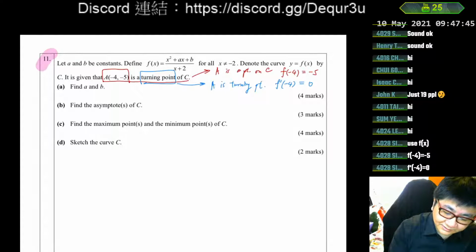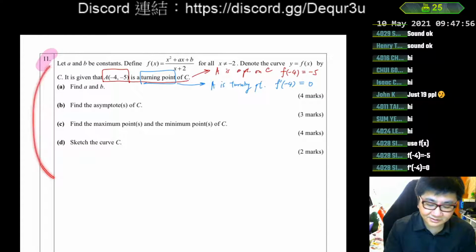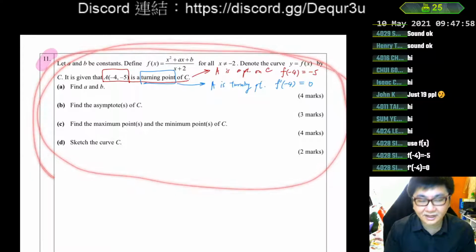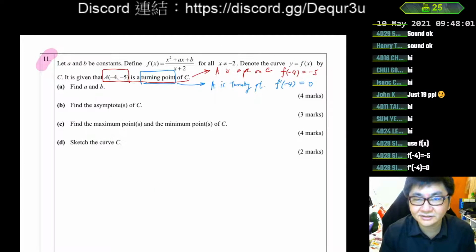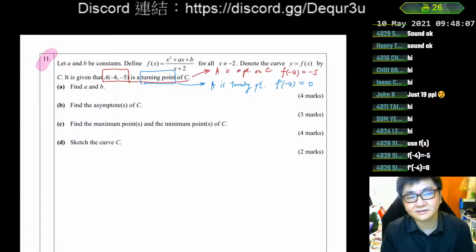You can see that finding A and B is not very easy work. Therefore, you will see 4 marks given for finding A and B. By the way, a question like this is usually a long question in the M2 exam paper, counting 12 to 13 marks altogether.